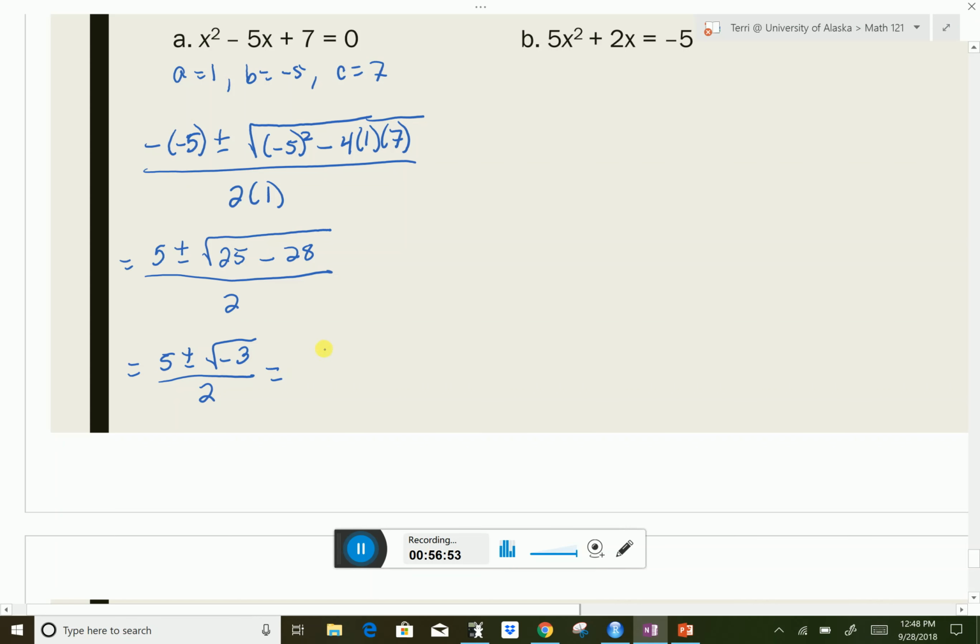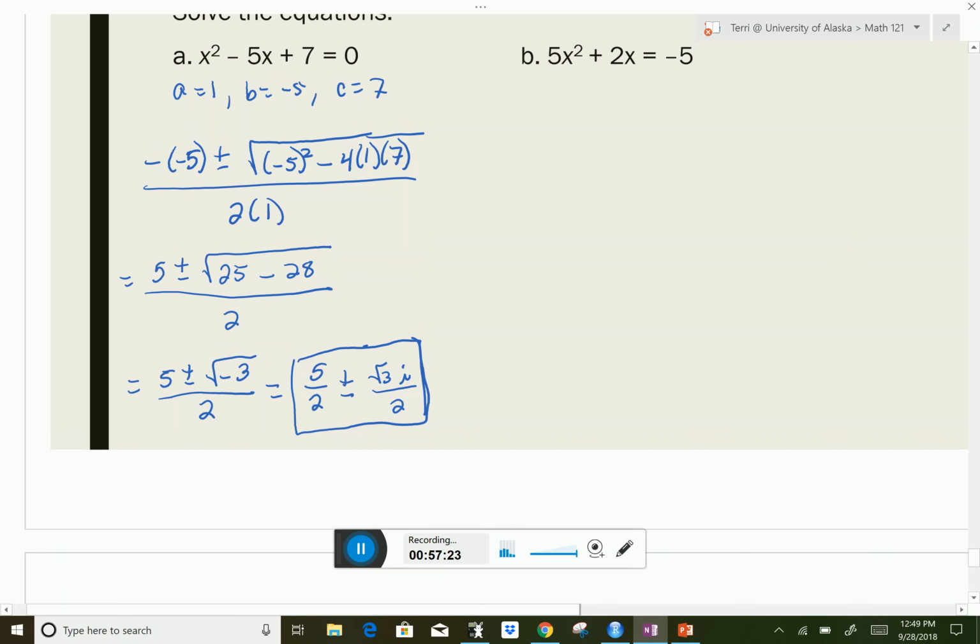So I'm going to write this using complex numbers: 5 over 2 plus or minus, and I write this as the square root of 3 i over 2. And that's how I want this answer. That is written correctly because a plus or minus bi is usually how we write that in complex form. That is standard complex form.